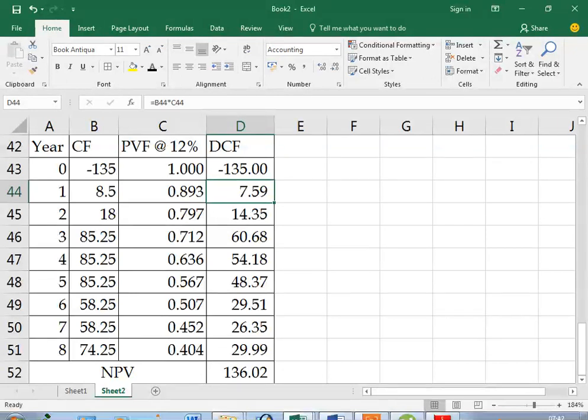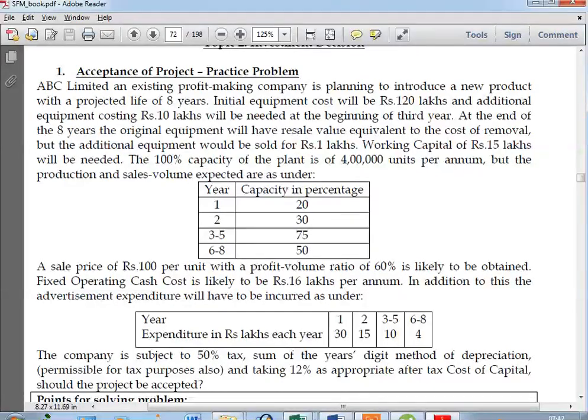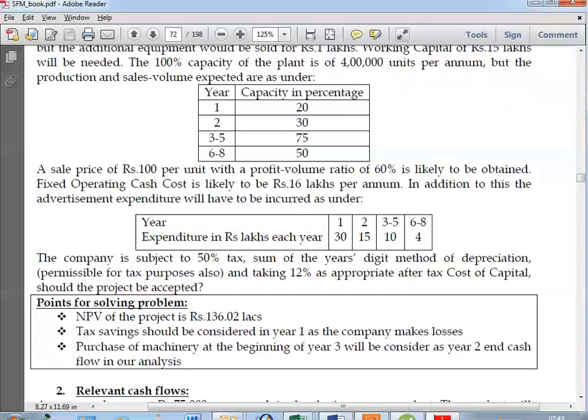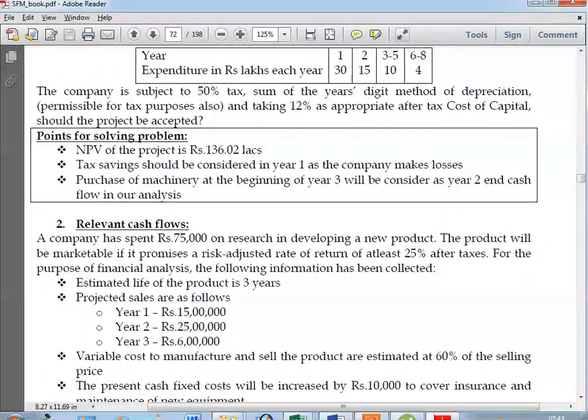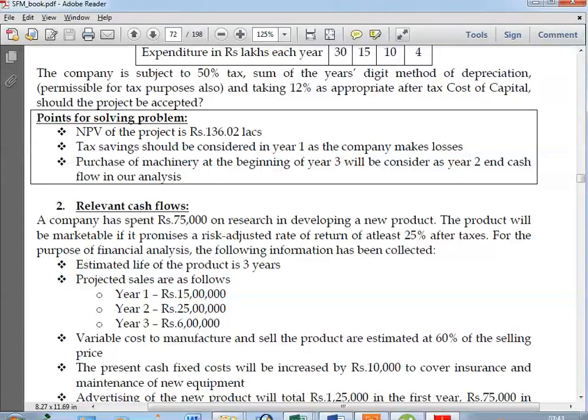Can you proceed? Any doubts on this? Go through question number 2. Please read question number 2.